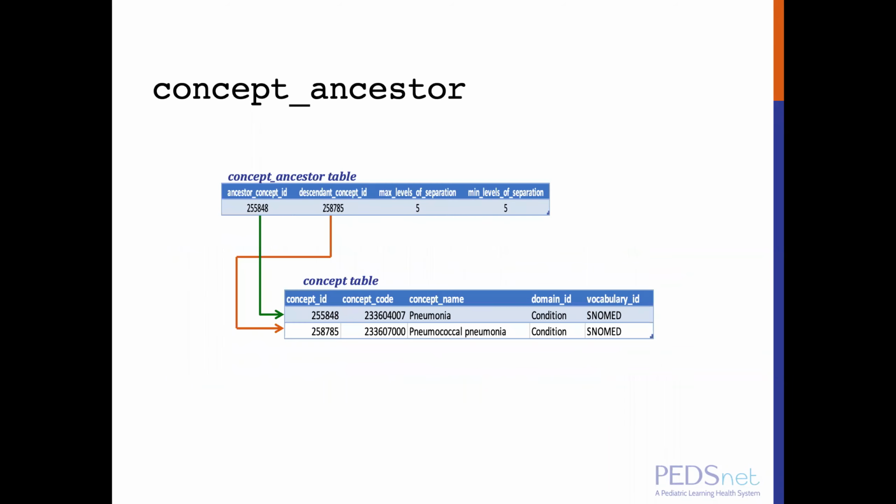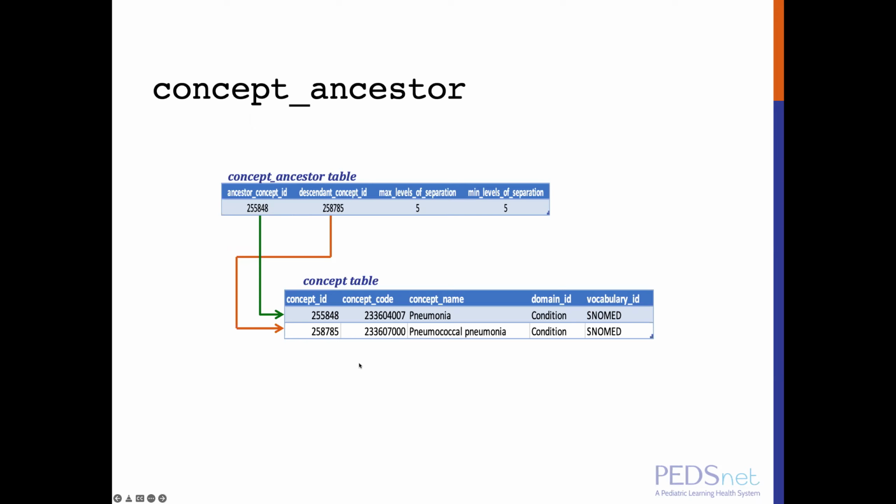So if we know that concept code in SNOMED for pneumonia, which we could have gotten from the SNOMED CT browser, has this concept ID here, we know that we can go to the concept ancestor table and say, okay, if I give you this concept ancestor concept ID, I can then do a query where I take all the descendant concept IDs.